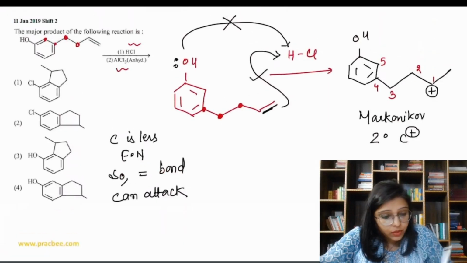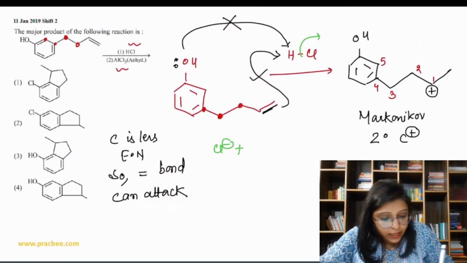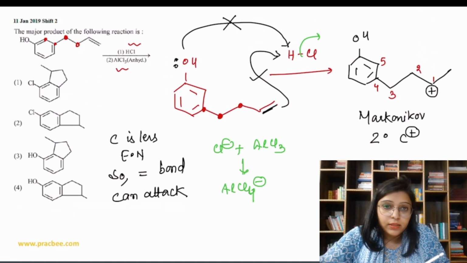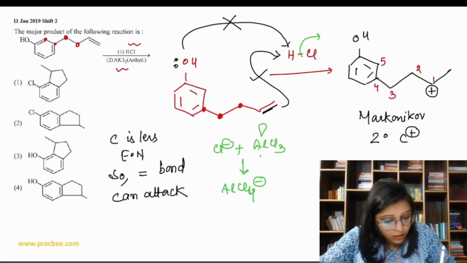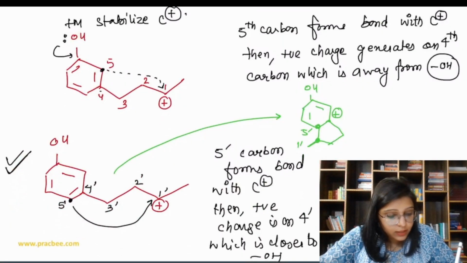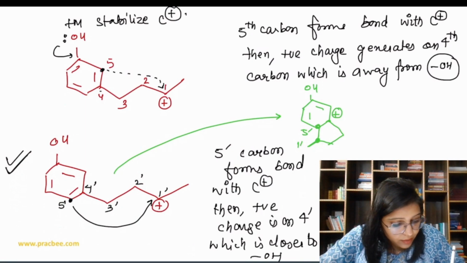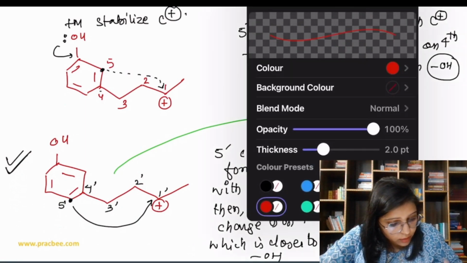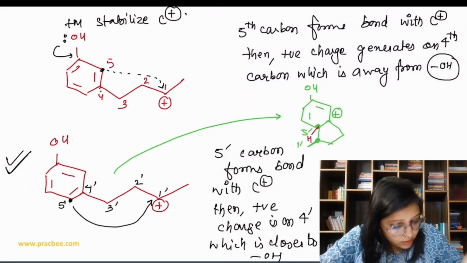Now this Cl minus leaves, so Cl minus combines with AlCl3 to form AlCl4 minus. ठीक है? We have an empty orbital on aluminium, so Cl minus gives its electron to aluminium. So we have AlCl4 minus. Now see, we have hydrogen on 5 dash carbon.